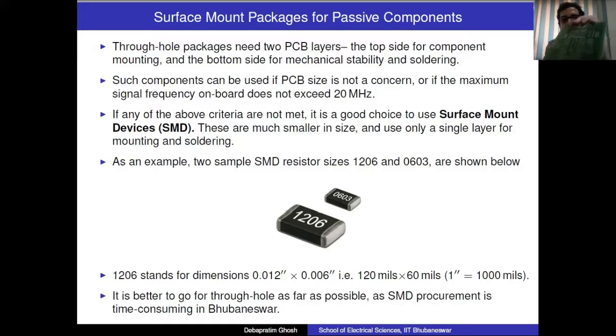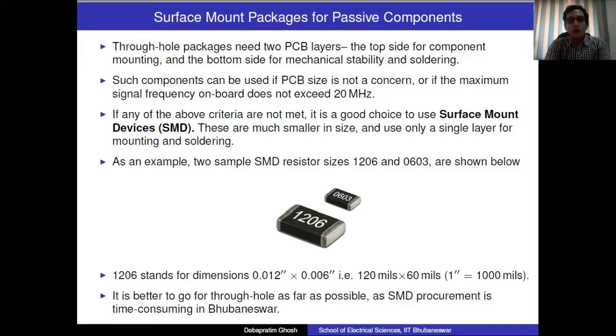As you can see, I have now mounted one resistor on the PCB. So this side where you can see the resistor body is called the component side. Whereas if you notice, the two legs are coming out from the other side. So therefore, while the component sits on top, the soldering has to be done on the other side.